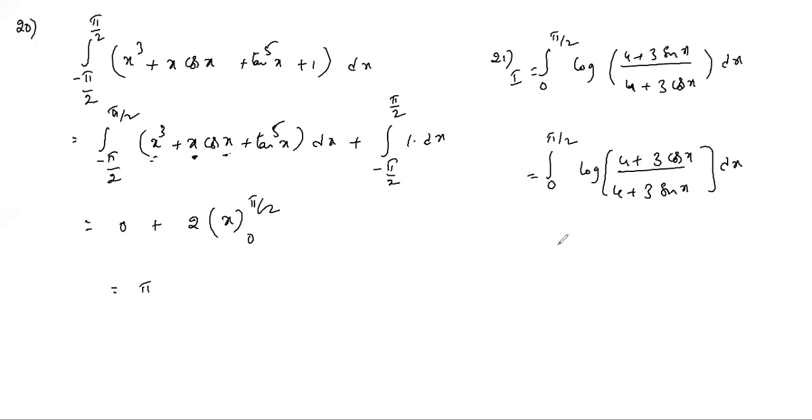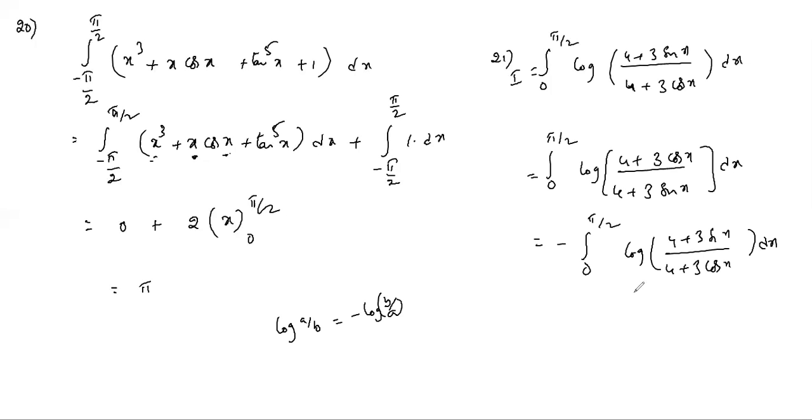We can write this as minus integral 0 to pi by 2. Log a by b is minus log b by a. So integral 0 to pi by 2 of log of 4 plus 3 sin x by 4 plus 3 cos x dx, and this is nothing but I. So I equals minus I, so 2I equals 0. So I equals 0. So the answer is 0.